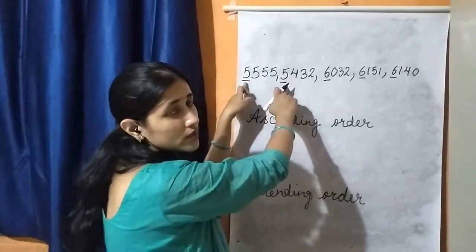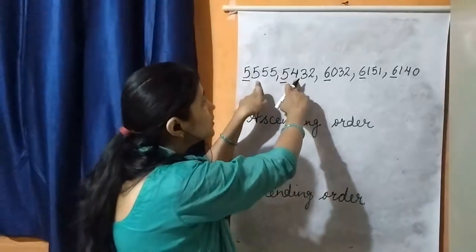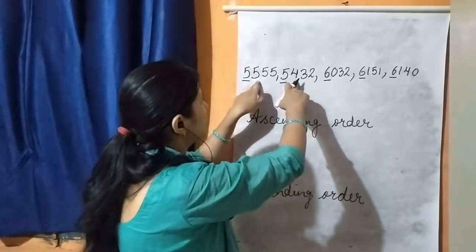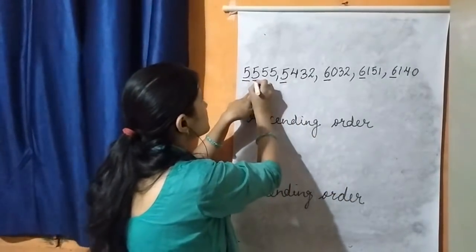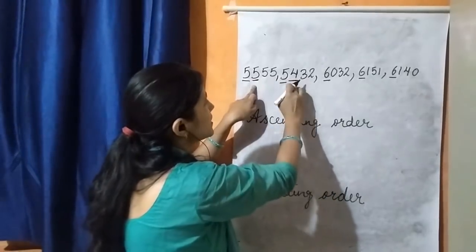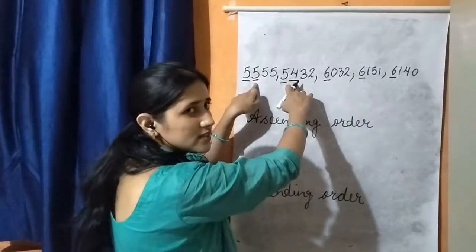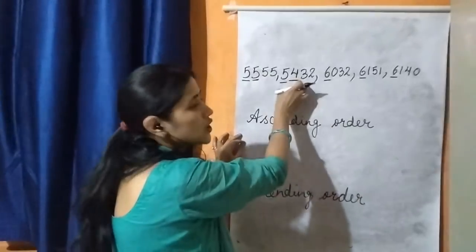Now we will come to the next value, the hundreds place, and then we will compare. Here the hundreds place is 5 and here it is 4. Which is greater, 5 or 4? 5 is greater. So we have to write the lowest value first.